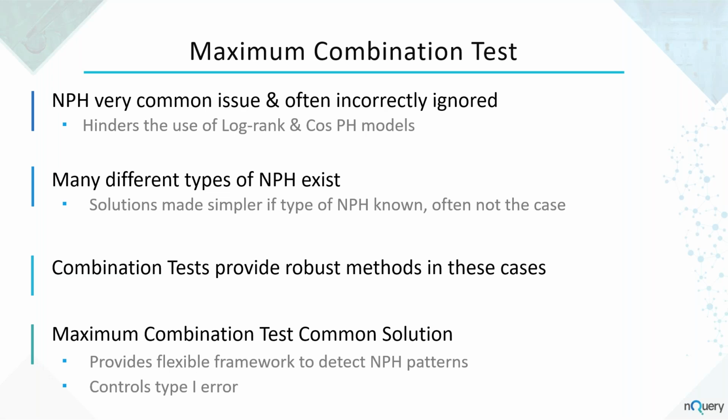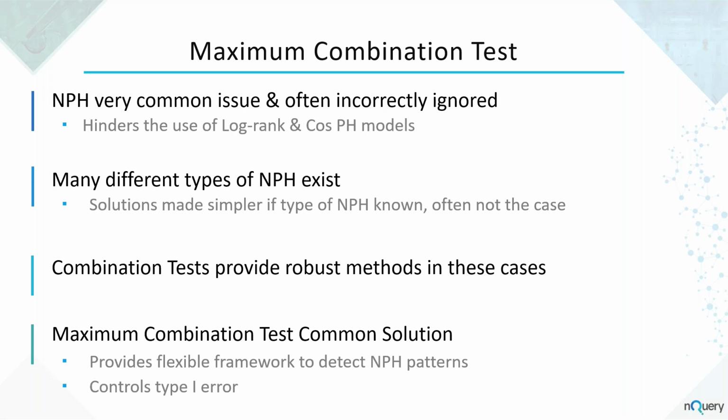The kind of issue that these designs aim to solve is that when the non-proportional hazard pattern is unknown, it is somewhat difficult to pre-specify an efficient weighting scheme in the log rank test. And as one can imagine, the power can be dramatically reduced if an inappropriate weight is employed.